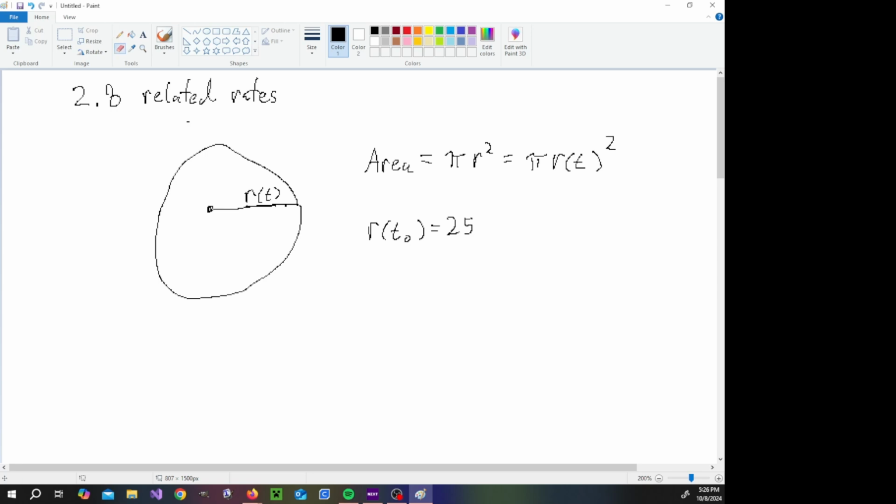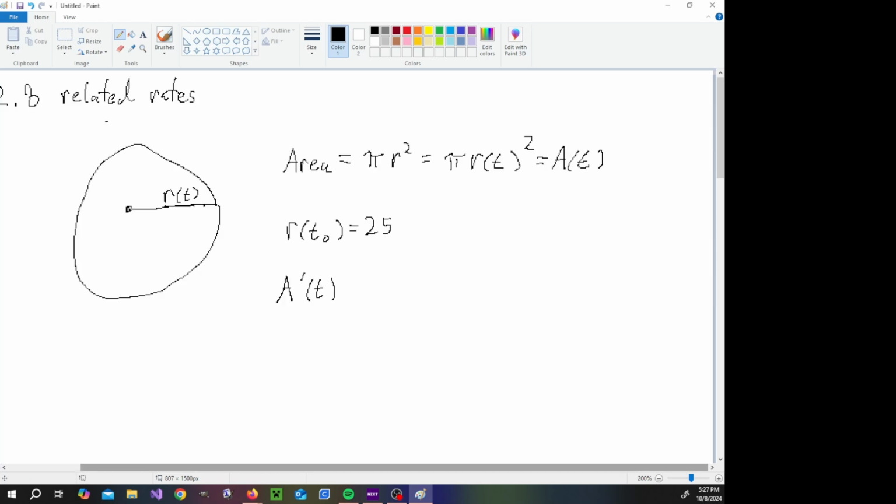And we also should probably recognize that our function is also in terms of time, right? This is now a function that we're making out of our area formula. So if we want to know the change in area, well, the change of a function is the derivative, so we want to take the derivative of this function.